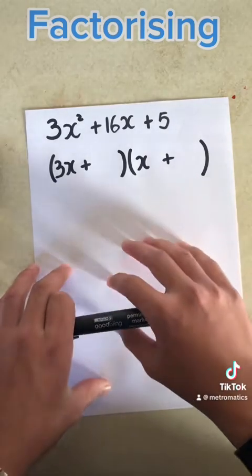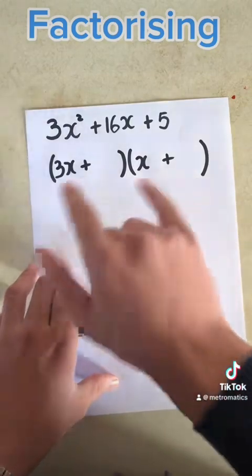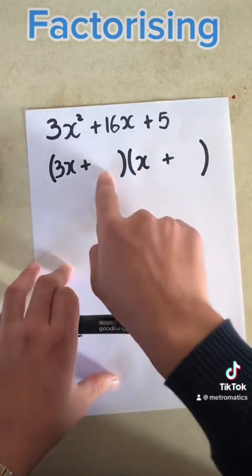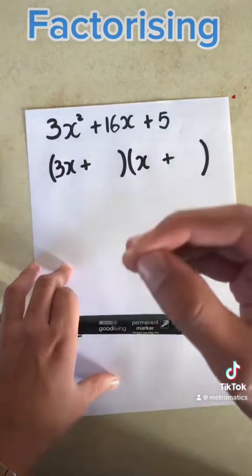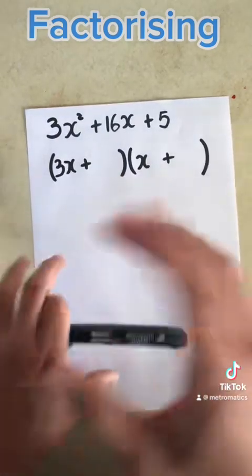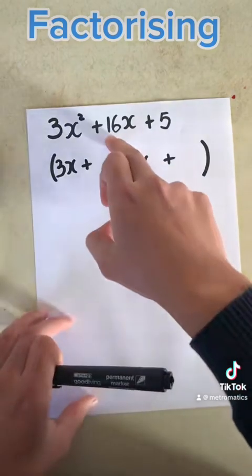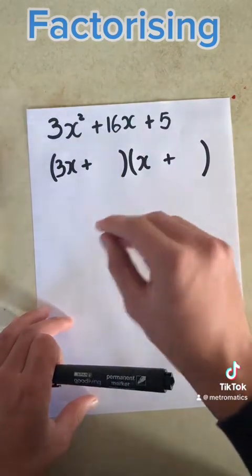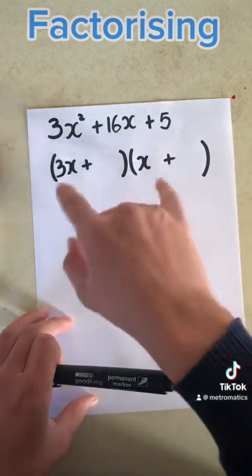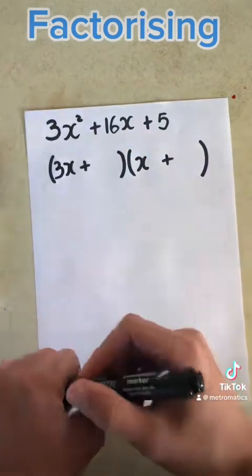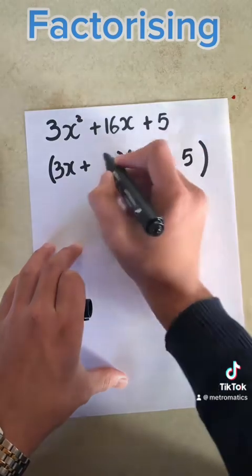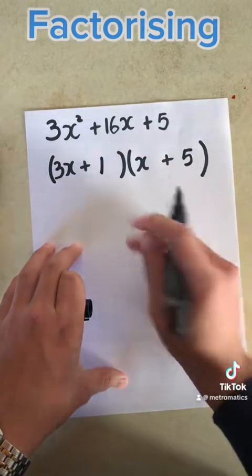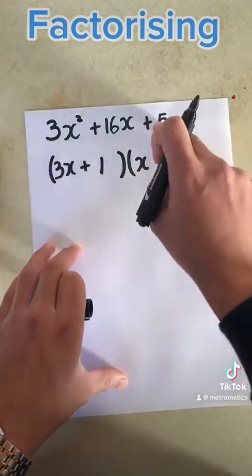Because we have 5 and 1, if I place a 5 over here, you can always just look forward and see if it will eventually add up to 16, because whatever numbers you have over here must eventually add up to 16x. So say I place my 5 over here and my 1 over here. You multiply these two to give you that.